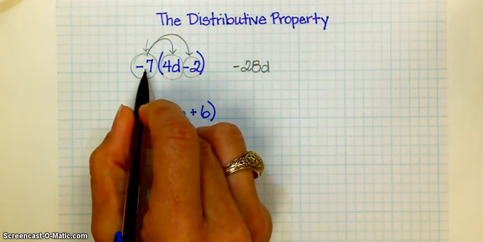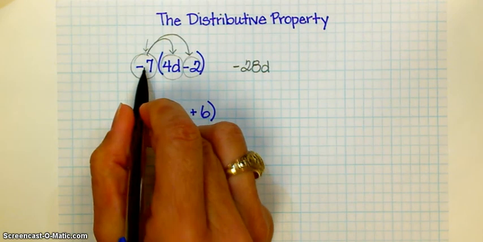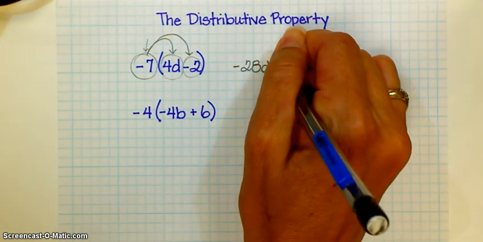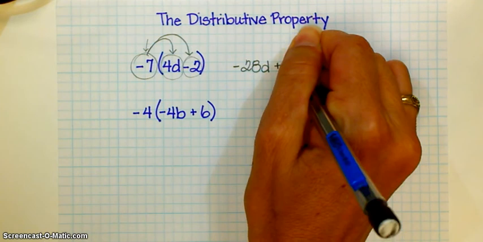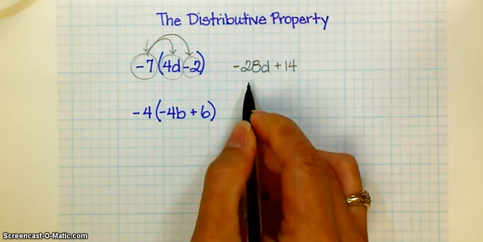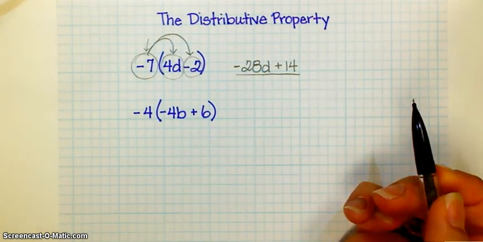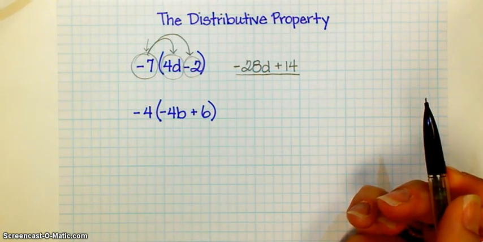And then when you take the -7 and multiply it by the -2, -7 times -2 is a positive 14. So once you have done the distributive property, this is what your expression looks like.